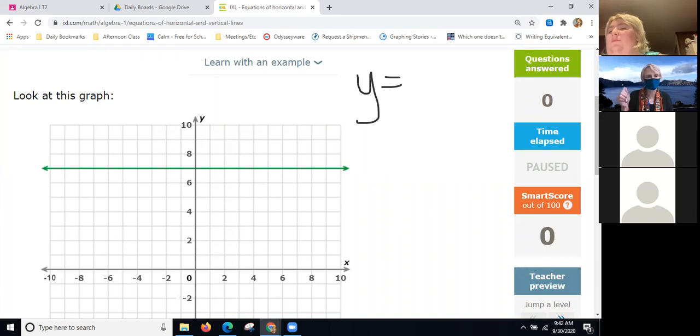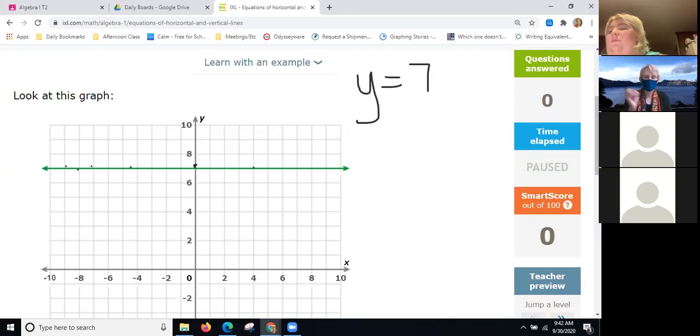Well, since the slope's 0, there's not going to be any x. And then where does it cross the y line? It crosses the y-axis at 7. In fact, it crosses all these points: negative 9, 7, negative 8, 7, negative 6, 7, negative 4, 7, 0, 7, 4, 7. 7's always the answer.